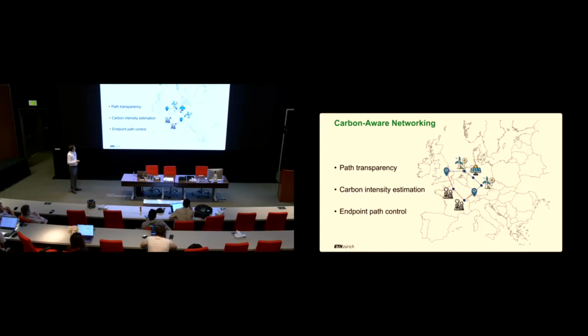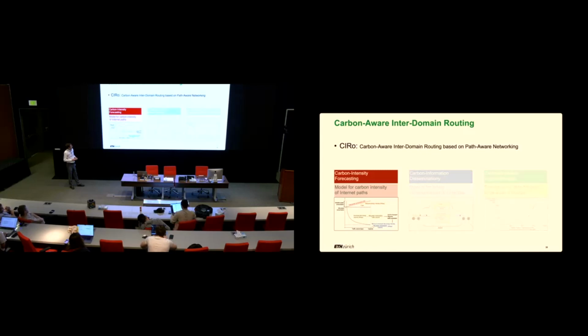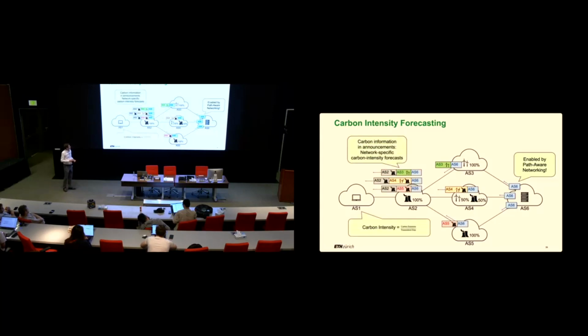So through this endpoint path control, there's different points we've been looking at: carbon intensity forecasting, dissemination of this information within these path segments, and then also analyzing what the impact is. So I'll just quickly click through them to give you a high-level gist, but please look at the paper if you're interested in this area.